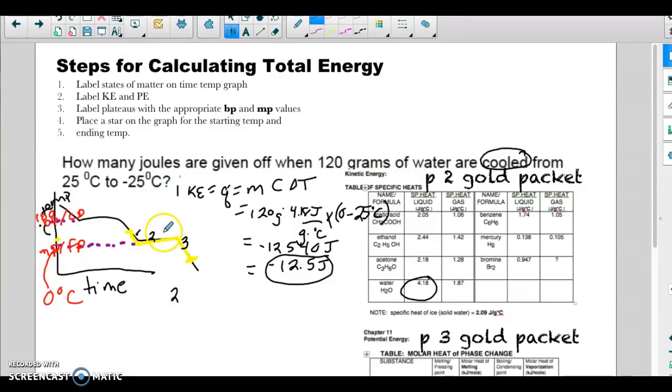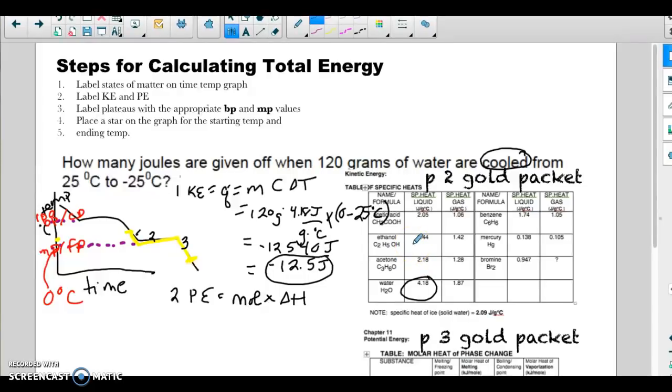Step 2, or this plateau portion, I'm going to be calculating potential energy. And when I do that, I take moles times my heat of, in this case, I am going to use the heat of melting.